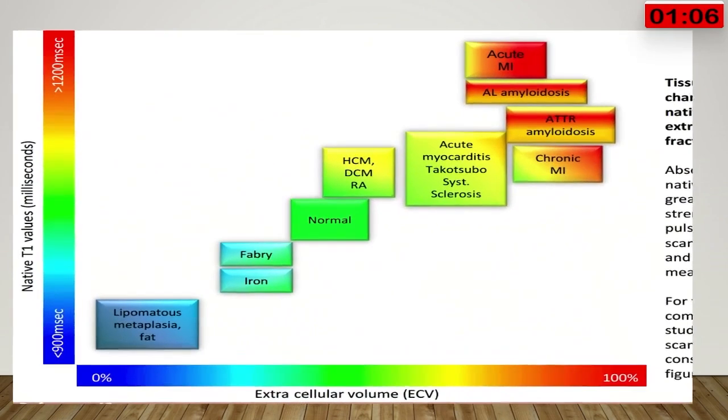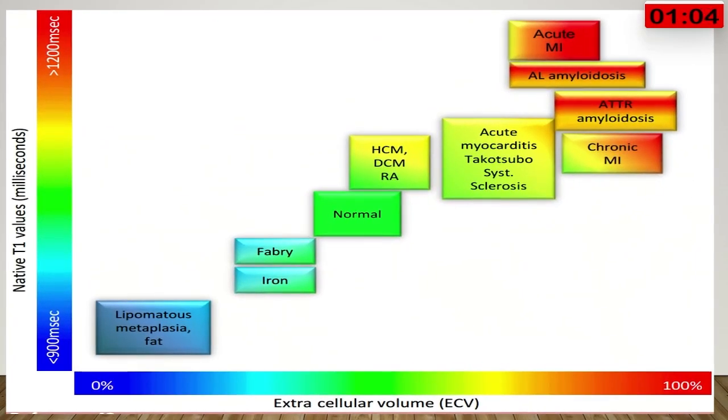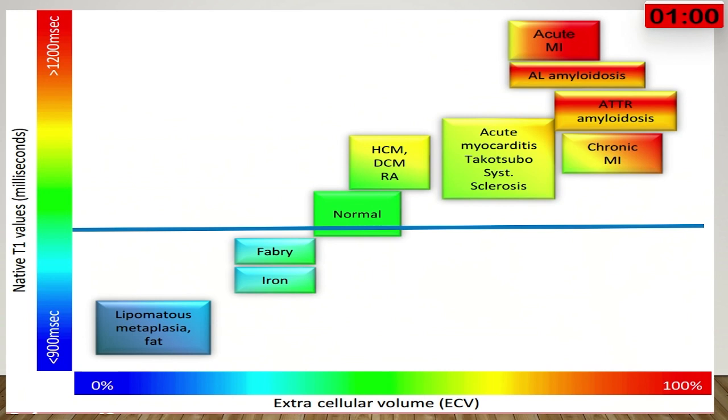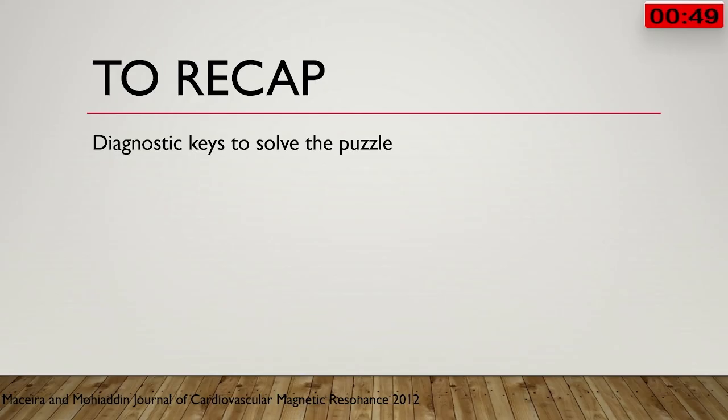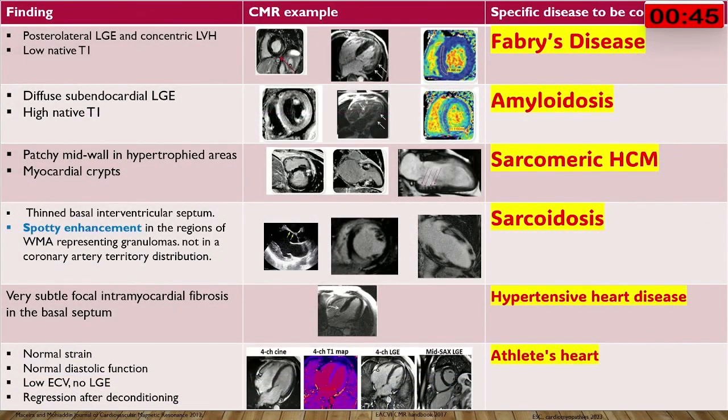This is the native T1 in various diseases. Can you see to differentiate between Anderson-Fabry and HCM and amyloidosis? It's a wonderful slide from the EACVI handbook. So to recap, diagnostic keys.